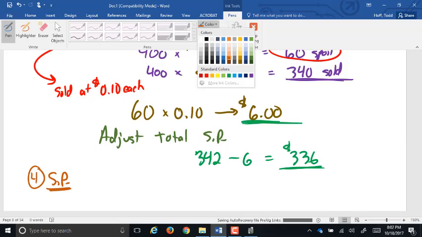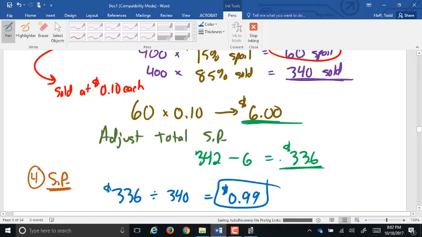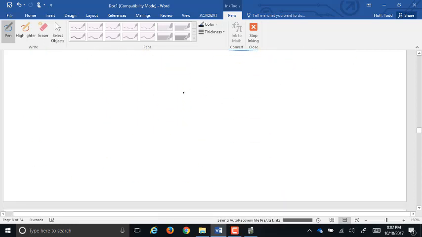So now on our selling price here, instead of $342, we're going to use $336 divided by the 340 that sell, which is going to give us 99 cents each. What do you think? I think you guys should try one example of this before we go.